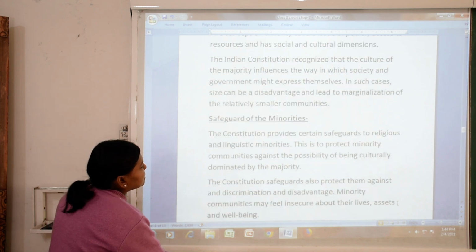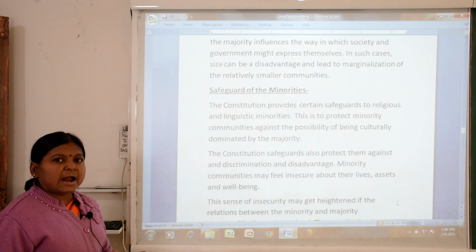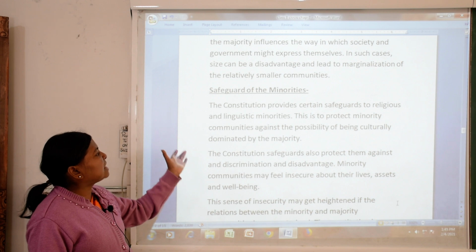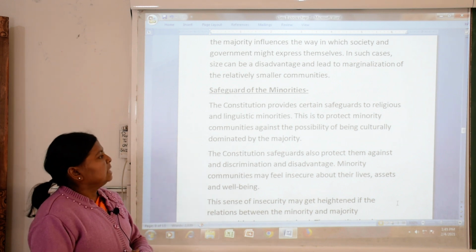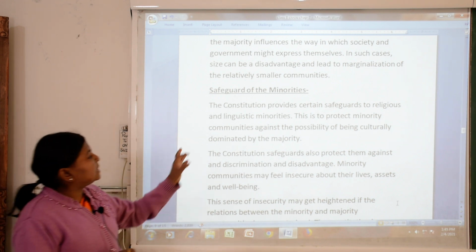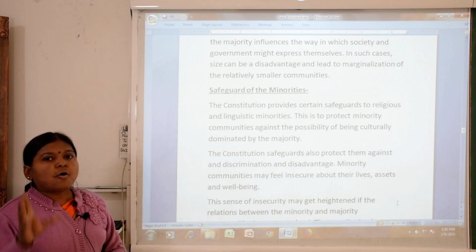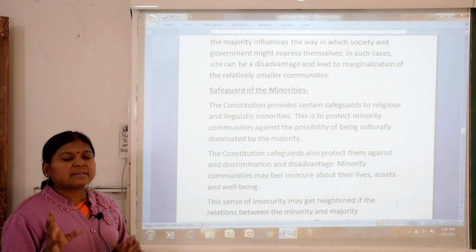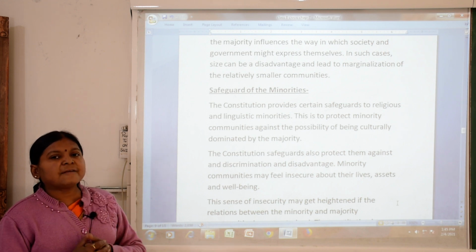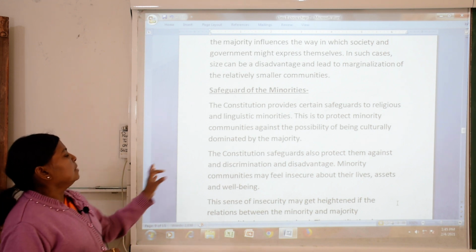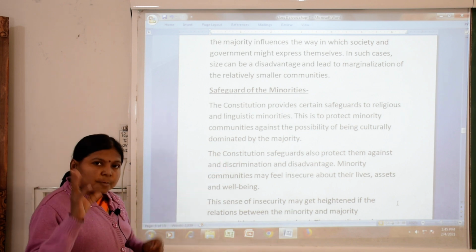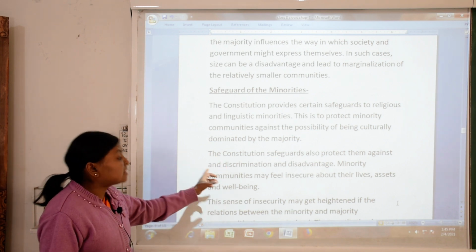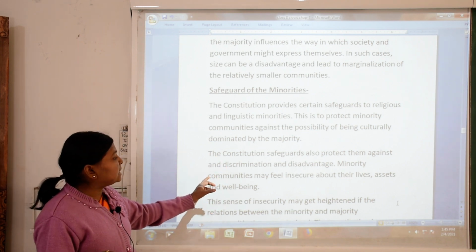Our Constitution provides certain safeguards to all the religious and linguistic minorities. These protect minority communities against the possibility of being culturally dominated by the majority. So they are saved by our Constitution.